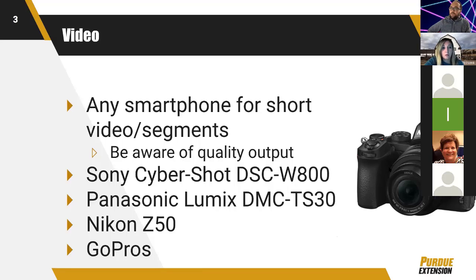I think we're all pretty aware that the camera on a lot of newer smartphones is as good as some digital cameras that you can purchase for under $200 or even under $100. You're going to get just as good quality with your smartphone as you are with those. So those are fine, but also keep in mind, not the best for longer videos.